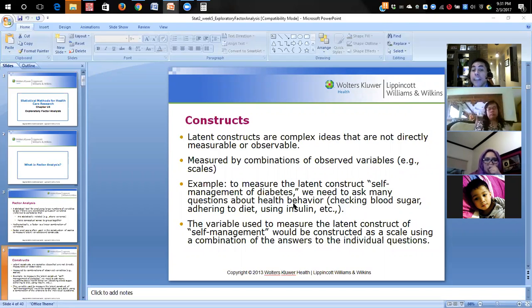That's what self-management of diabetes is all about. So these are the items that had a linear combination, and then they group themselves together. So that's what we call latent construct. The variable used to measure the latent construct of self-management would be constructed as a scale using a combination of the answers to the individual questions, and you need to pay attention to what would be these different items that will group together.